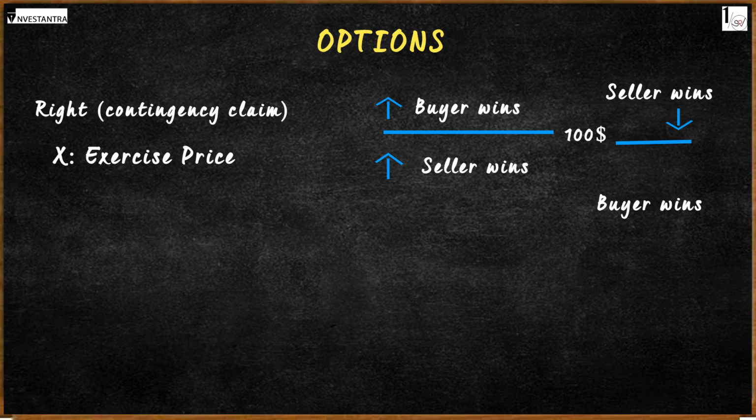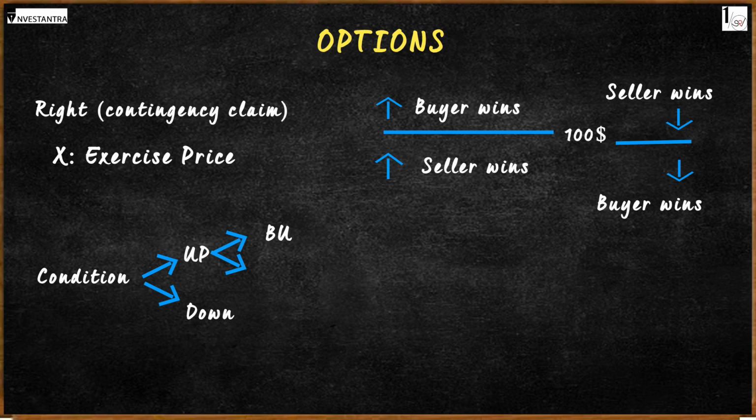How is this possible? When a stock price goes down, a buyer wins. This buyer is betting on a contingency. What is contingency? It's a particular condition. So how many conditions are there? Either the stock goes up or the stock goes down. So I can bet on either contingency.